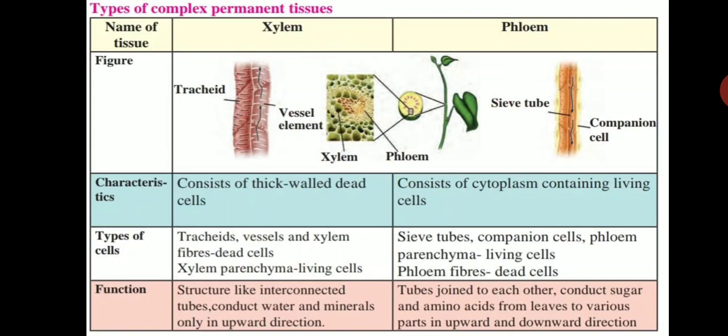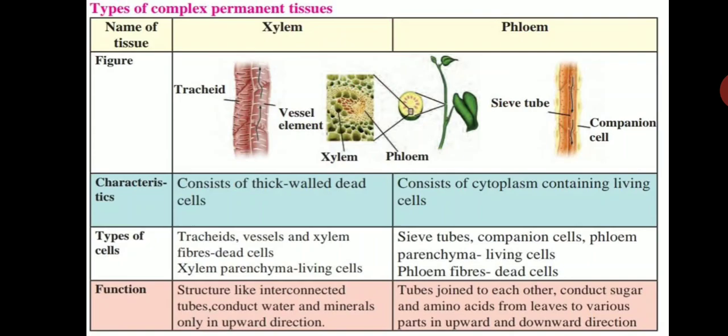Then what is the function of xylem tissue? Xylem tissues form a structure like interconnected tubes and conduct water and minerals only in upward direction. Means it absorbs water from the root and provides water to all plant parts only in upward direction.